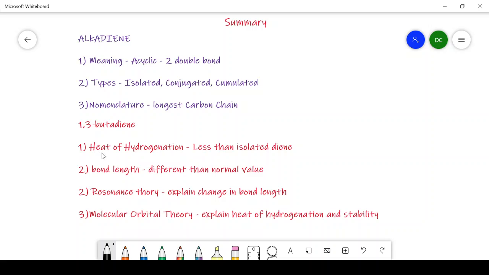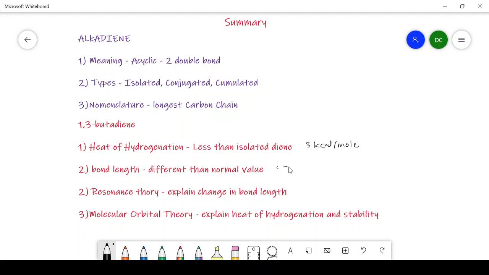Then it is found that heat of hydrogenation is less than that of the isolated diene by 3 kilocalorie per mole, though 1,4-pentadiene and 1,3-butadiene possess the same number of double bonds. Here the bond lengths are different than the normal values.